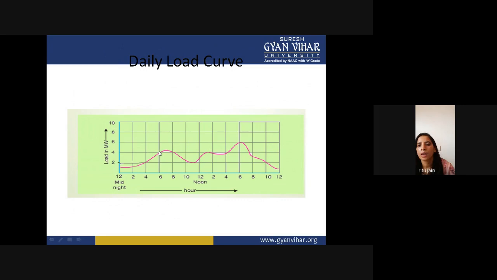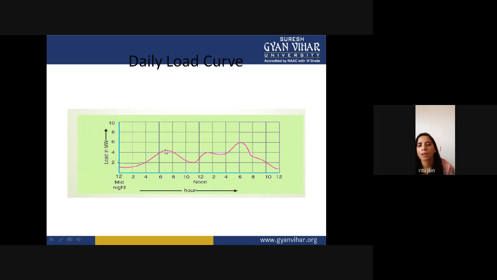At 6 a.m., it reaches 4 megawatt because all people get up early in the morning and use the lighting system, or in winters they use geysers, and so many equipments are used at this time. So this load increases linearly.